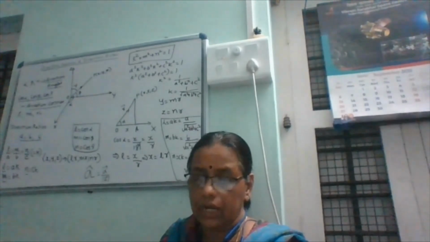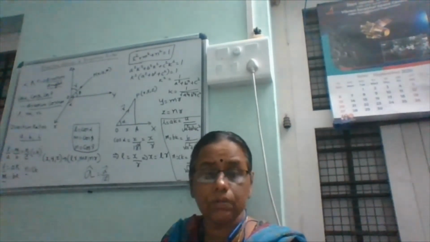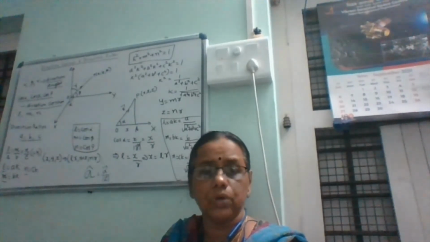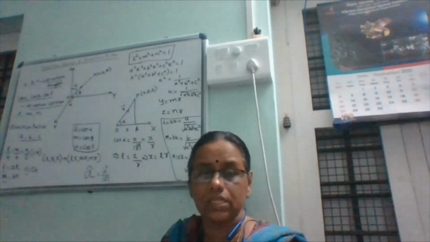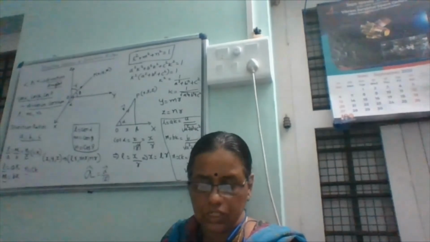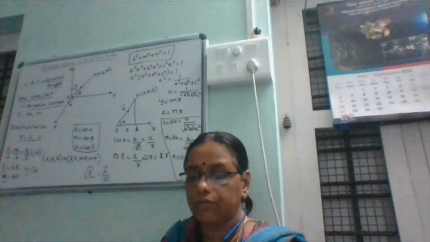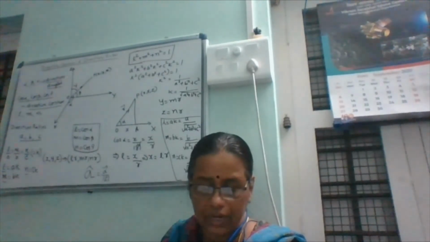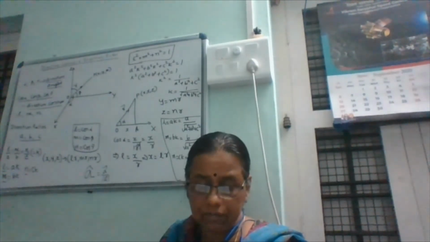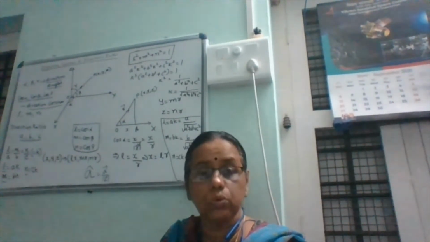And a representation of a vector in terms of position vectors of its endpoints, that is something which you have to know, how to represent a vector in terms of its position vector. For that, look into the figure given on page number 1141, figure 1.11. Let PQ be a given vector with P as initial point and Q as end point.